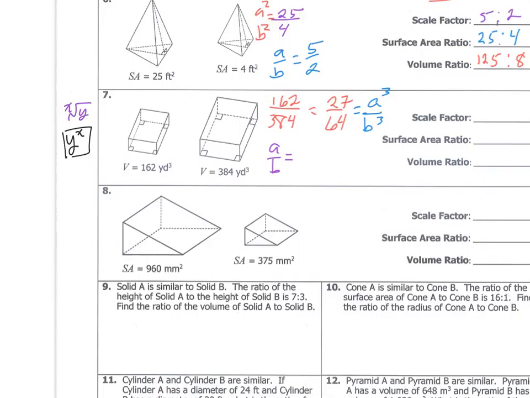Alright, so you're going to put in your 27 first. Then you're going to hit second, then the y to the x button and then 3. So 27 second, y to the x button, 3, and you have to hit equals.